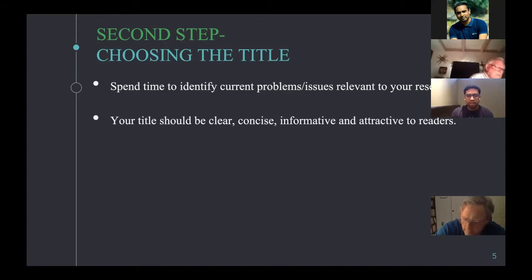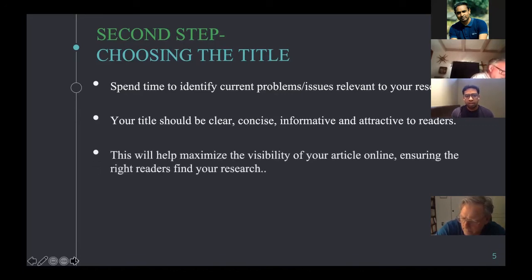So that will help you get the maximum amount of reader attention to read the title, then they will go through the main text. Normally readers don't go through the whole paper.